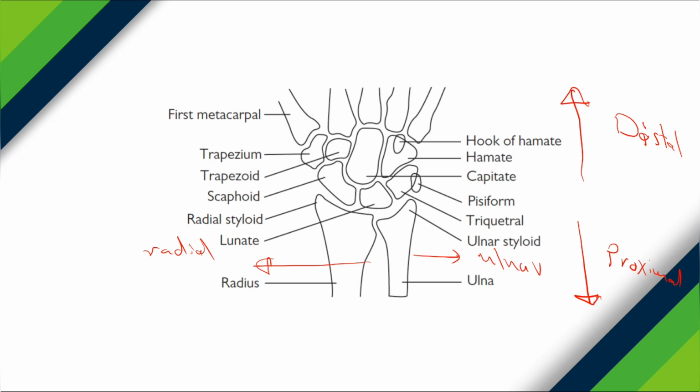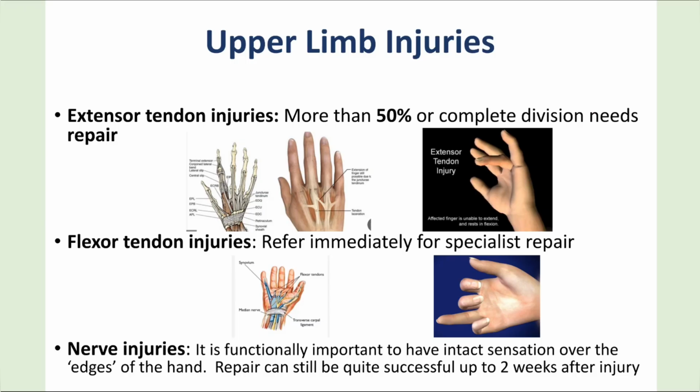And of course, when you talk about the posterior part of the hand, it is called dorsal. When it is inside the palm, it is called palmar. For tendon injuries, we have extensor.